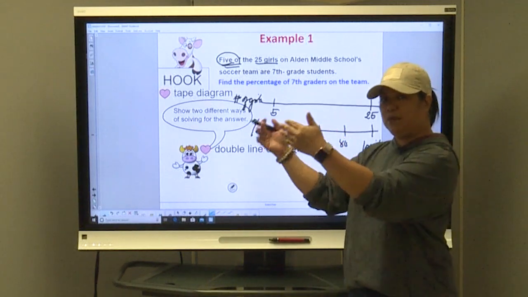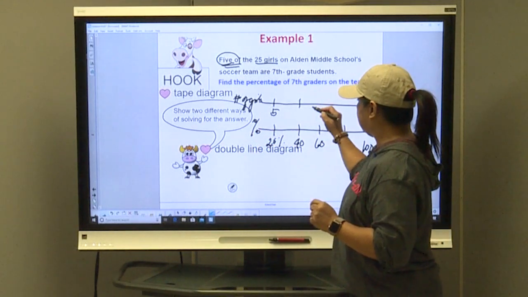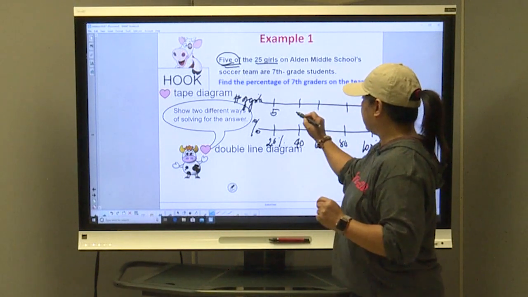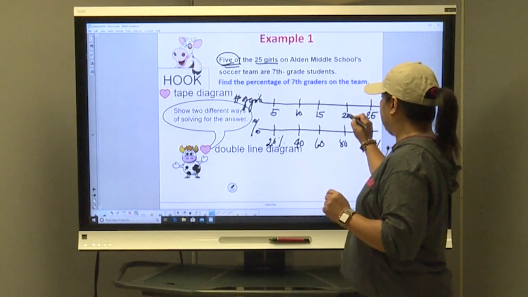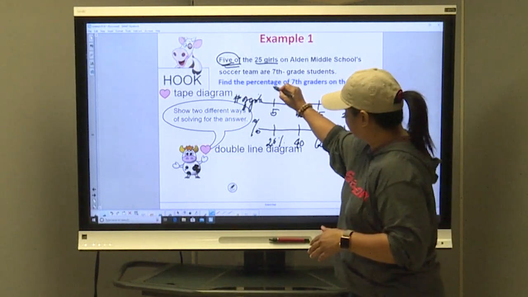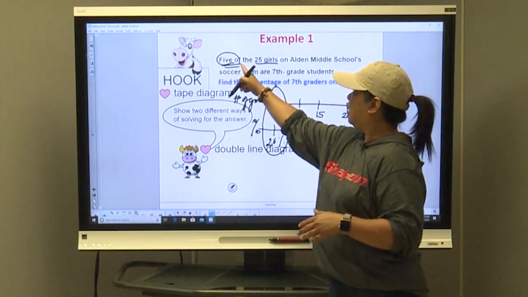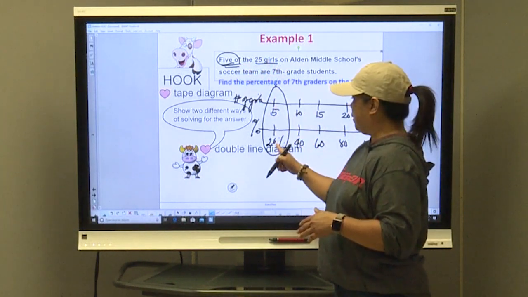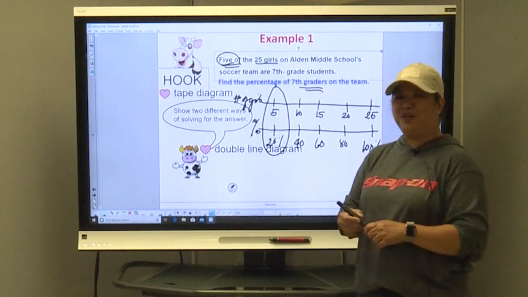Remember our tape diagram before? We divided into 5 parts. So we're going to do the same thing on here. Okay, this is 5, 10, 15, 20, 25. So look, 5 of the 25 girls represents 20% of the 7th graders.